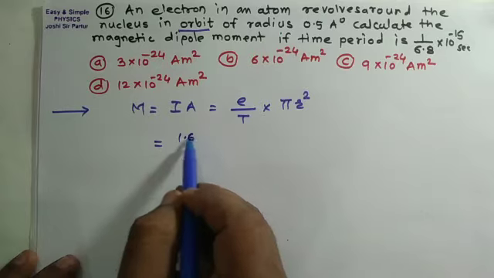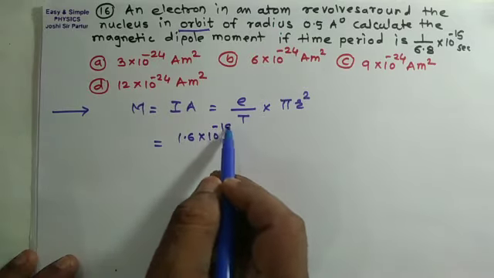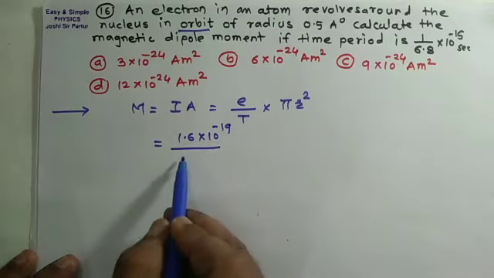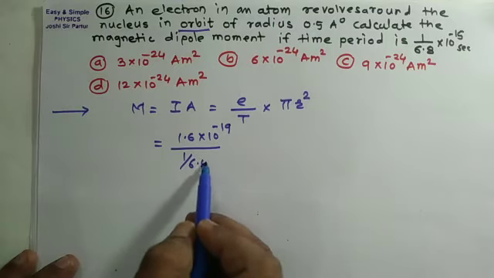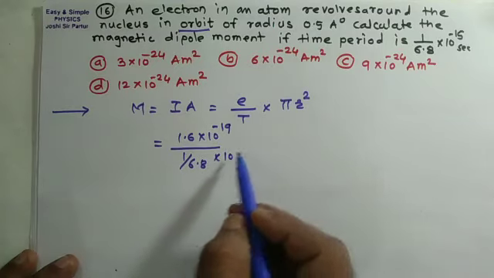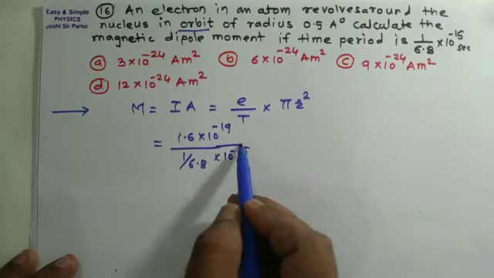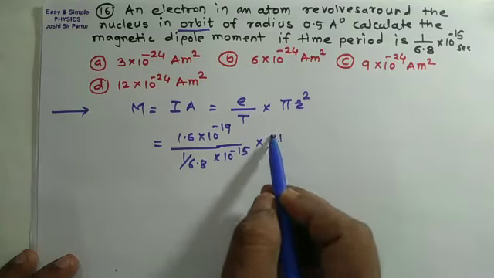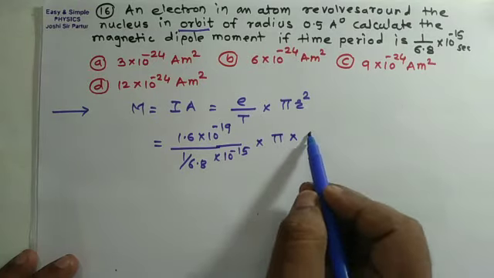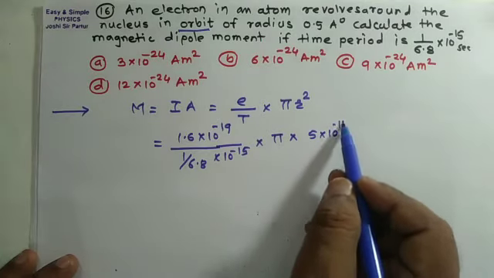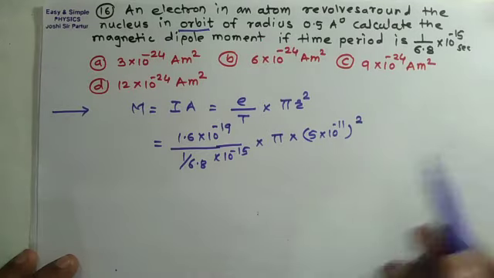Charge is 1.6 × 10^-19 divided by 1 upon 6.8 × 10^-15, multiplied by pi multiplied by (5 × 10^-11) squared.